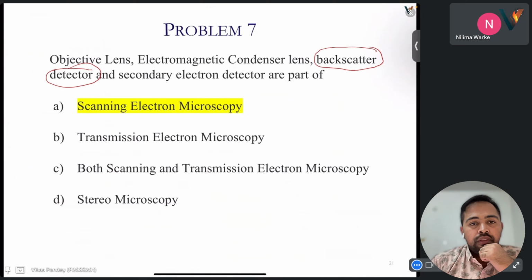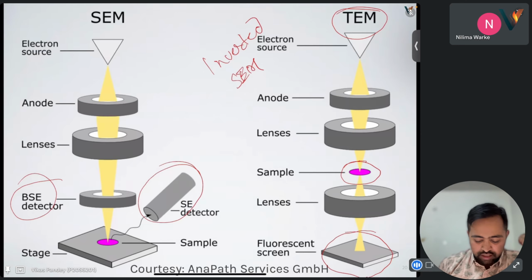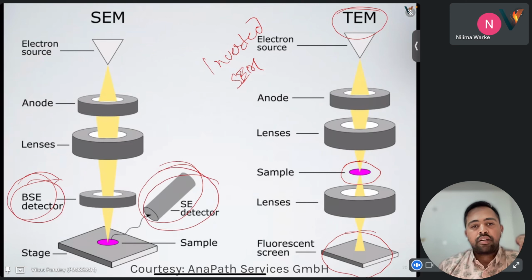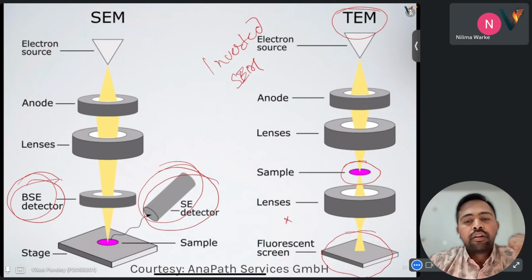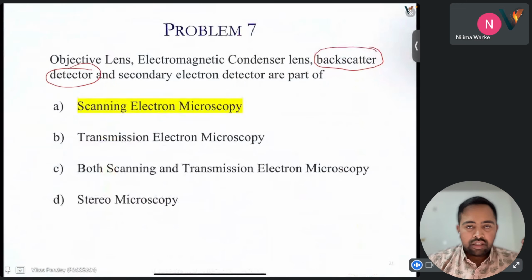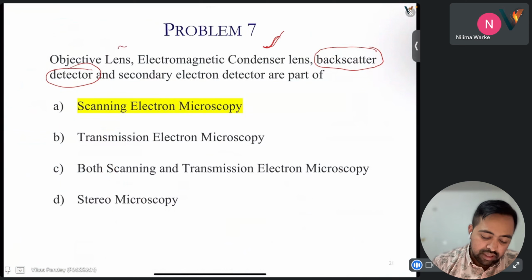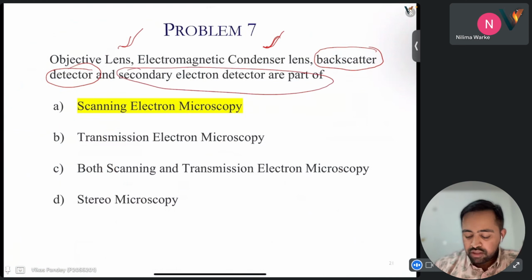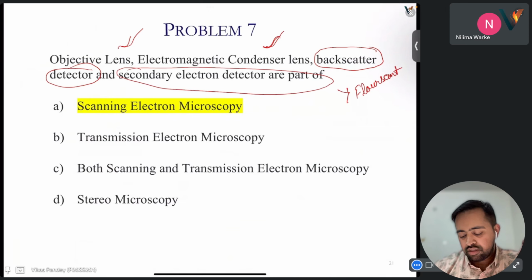Here in this case you see backscatter detector and secondary electron detector. These are absent in case of TEM. All other things are there: electromagnetic condenser lens, objective lens. But these detectors will differ. Instead of this, what is present there? There is a fluorescent detector.